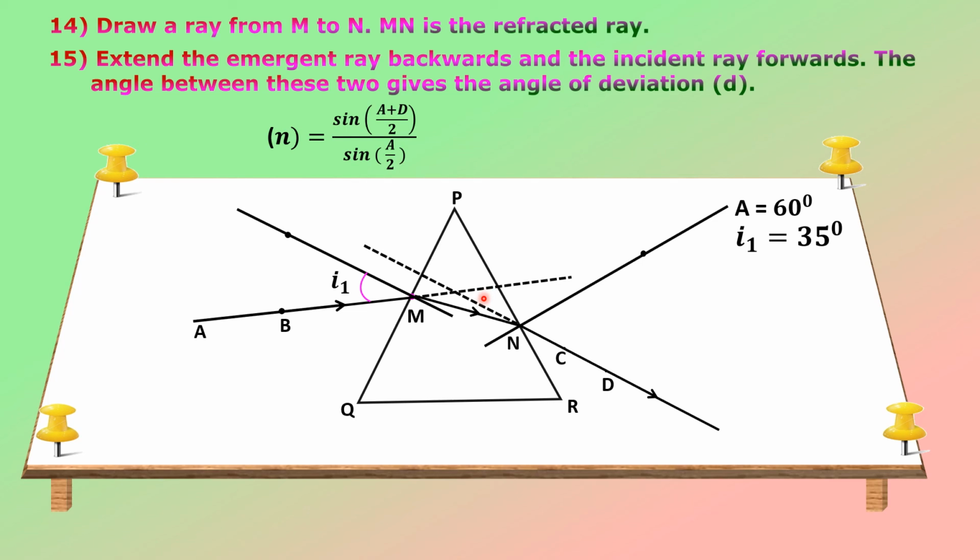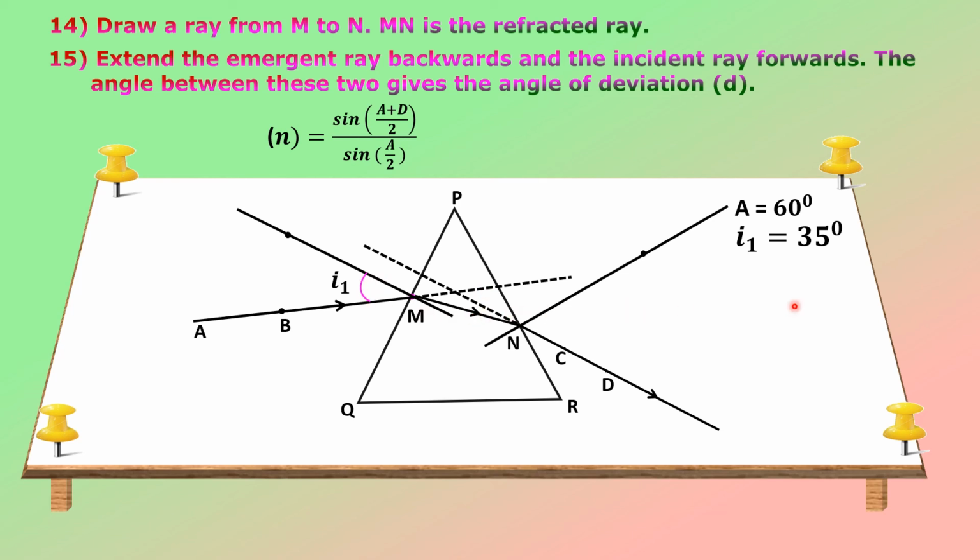So the angle of deviation, that is this value, depends upon the angle of incidence. The angle of deviation varies with the variation of angle of incidence. The angle of deviation first decreases with increase of angle of incidence and reaches a minimum value, then increases with increase of angle of incidence.